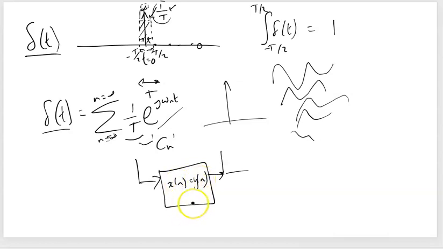Now if x of n equals y of n, then the transfer of this system is like saying it's multiplied by 1. And if we multiply it by 1, then the output equals the input. Therefore, the frequencies going in must equal the frequencies coming out. So, multiply by 1, you would expect that, wouldn't you?